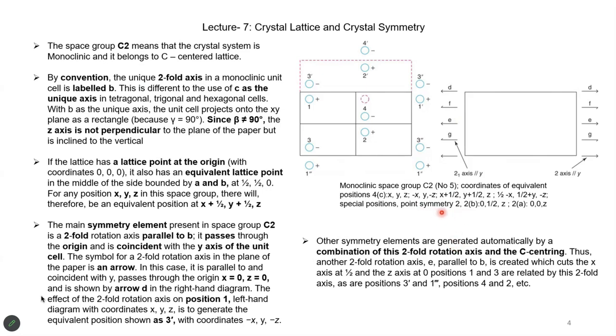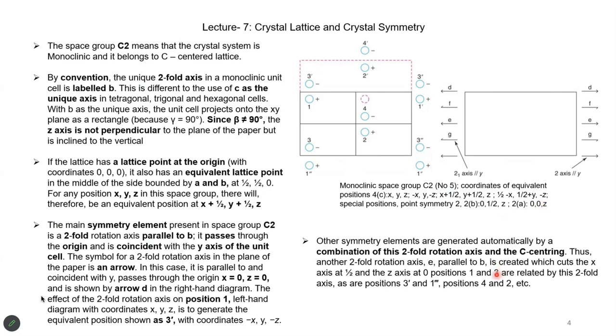So for the point symmetry element, we have 2b position, 0, half, z, and 2a position, 0, 0, z. If you remember, we showed the equivalent positions in a table in space group P bar 1.